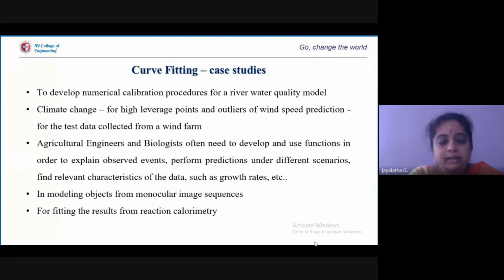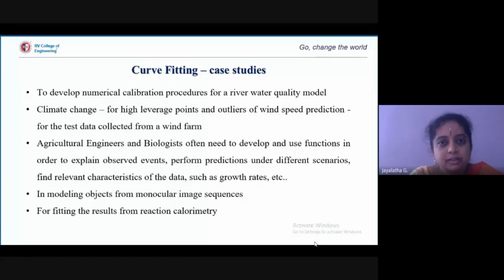It could be agricultural engineers or biologists who often need to develop and use functions in order to explain observed events, perform predictions under different scenarios, find relevant characteristics of data such as growth rates and so on. It could be in modeling objects from monocular image sequences, or it could be for fitting results from reaction calorimetry.